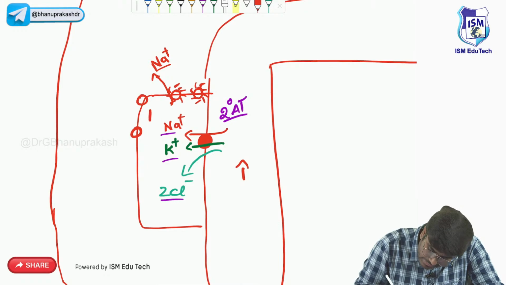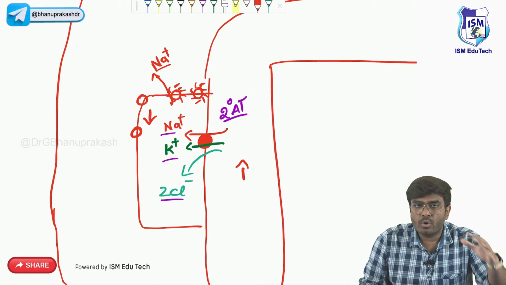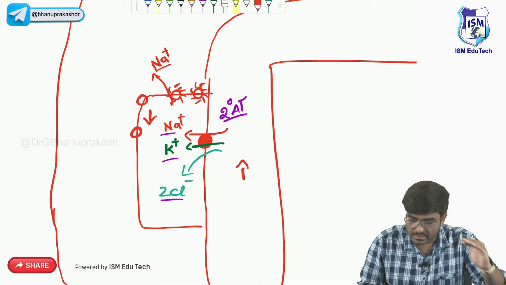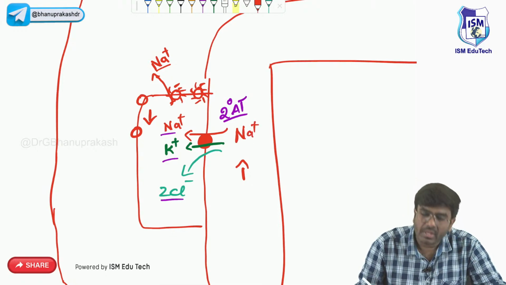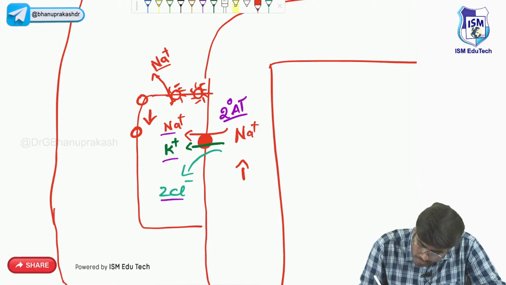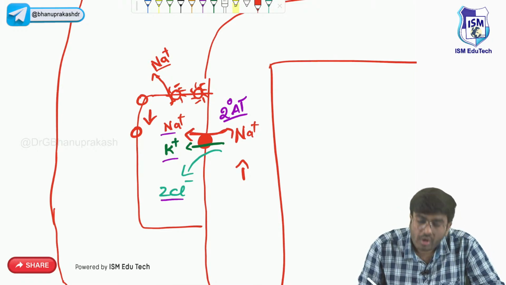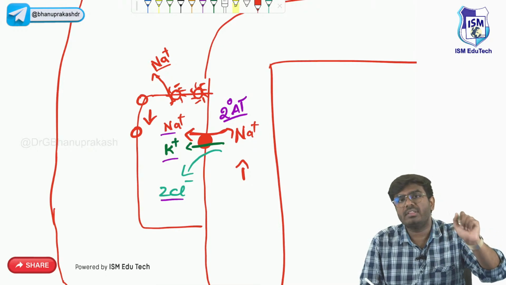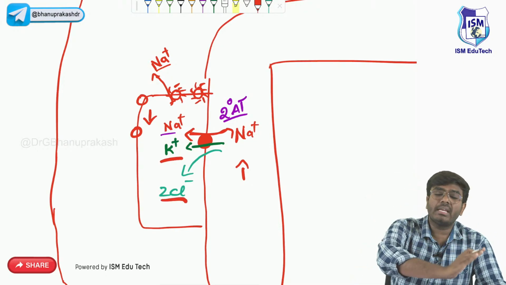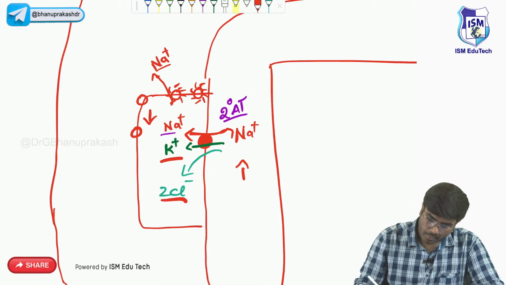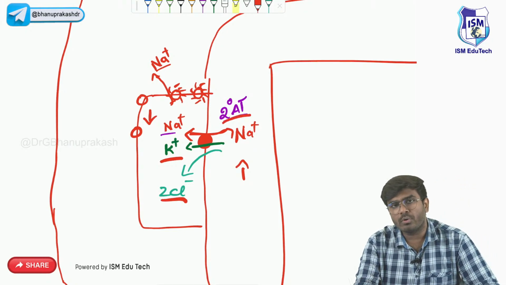Sodium concentration inside the cell decreases. So what happens? Now sodium will move from the lumen into the cell. Along with the sodium, potassium and chloride are also taken in. This is an example of secondary active transport.